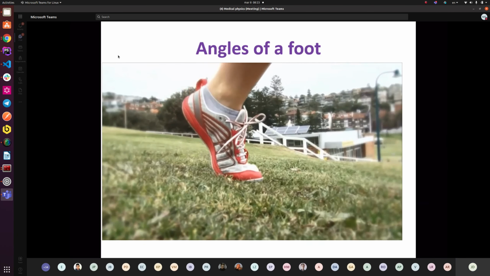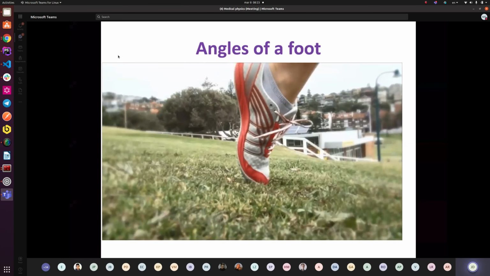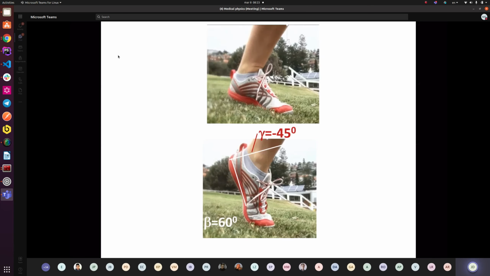So now I'm extracting several pictures from this movie to identify the angles. For instance, from this one to this one, this is a gamma angle approximately minus 45, and this is 60 beta. So this is a gamma in beta.